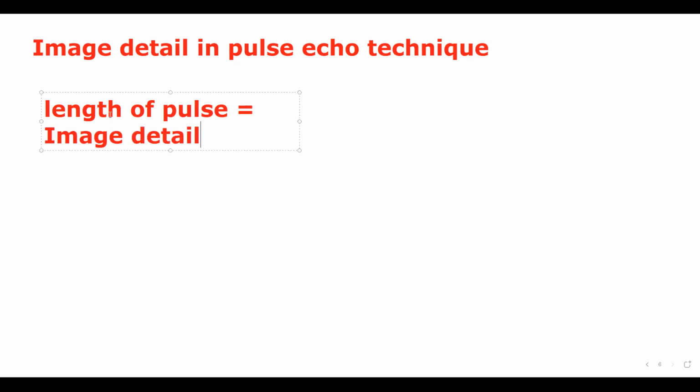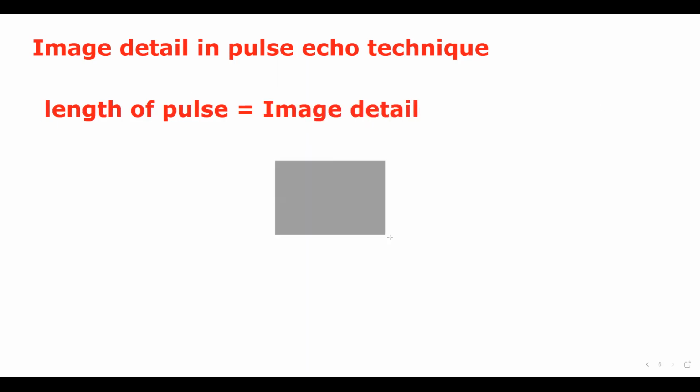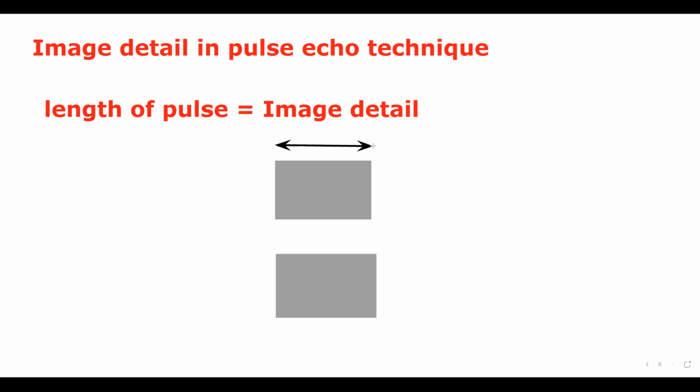So the length of the pulse is also known as the image detail. Basically, say you have two identical objects, and both have a total length of 2 meters.